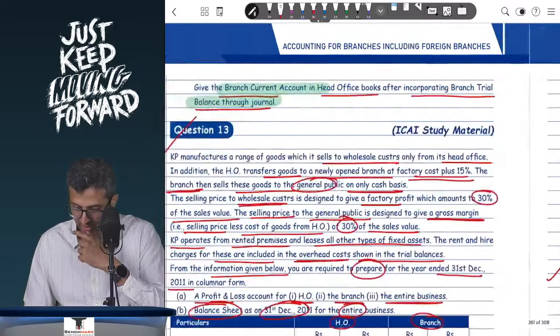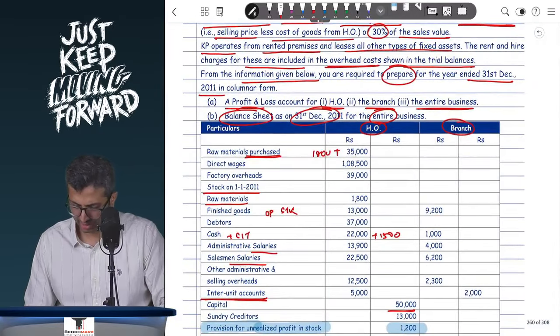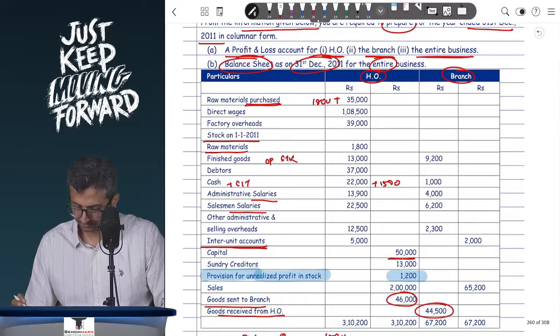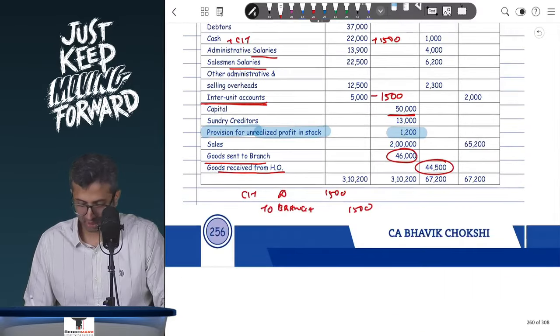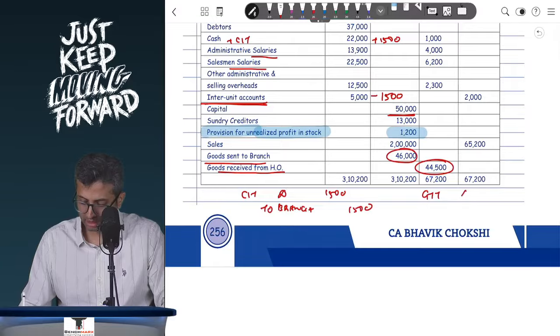is there a separate branch account? It should be ideally. Inter-unit accounts 5,000 minus 1500, and then in the branch books, goods in transit account debit to HO.